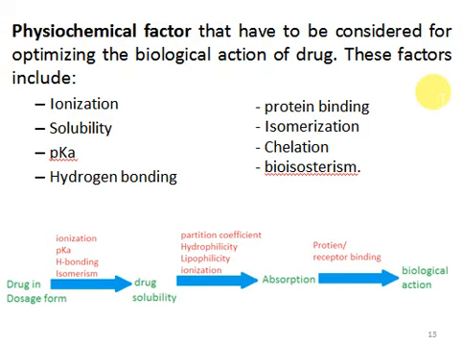Then we have protein binding. So once the drug is inside your blood, it has to be carried to the receptor, which happens once it binds with proteins, right? So there are proteins in the plasma. They are called plasma proteins. So once the drug is inside your blood, the plasma proteins bind with the drug and carry the drug throughout your body.